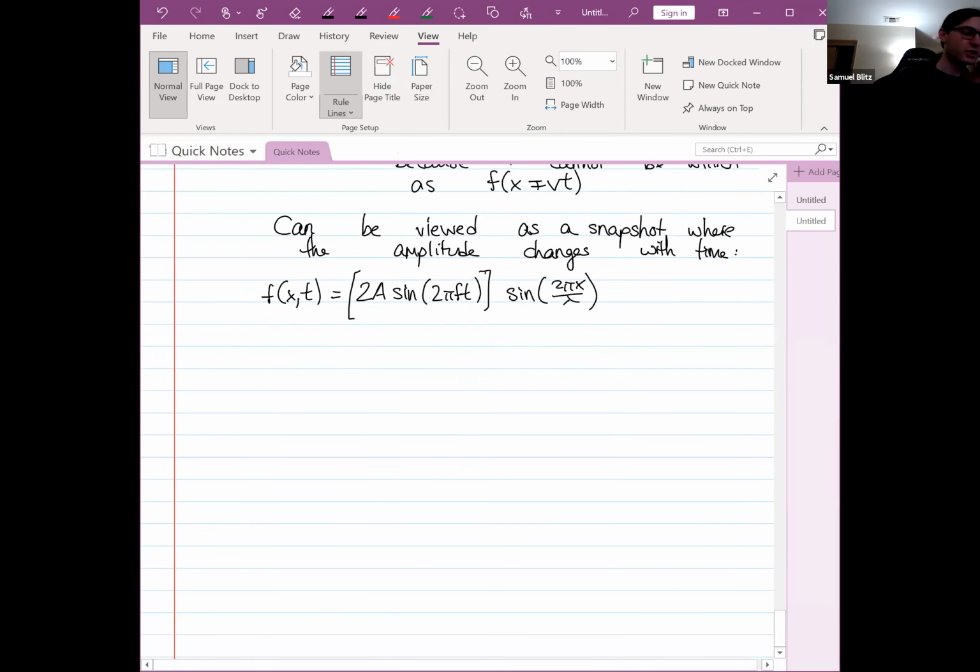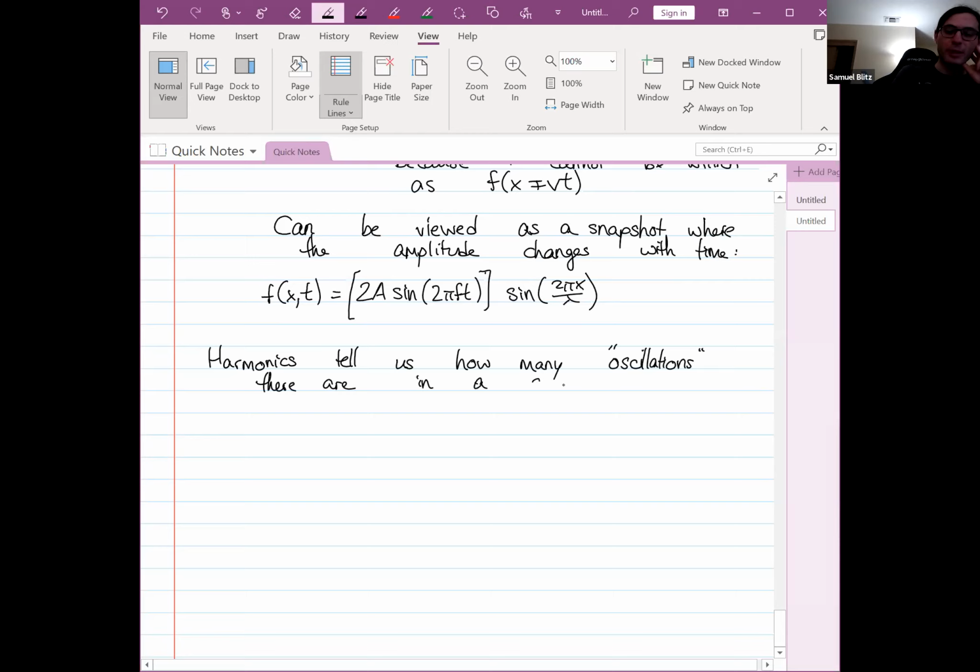So now we have to talk about this notion of harmonics. Harmonics are basically a way of counting. Let me write this out a different way. Harmonics tell us how many oscillations there are in a standing wave cavity.